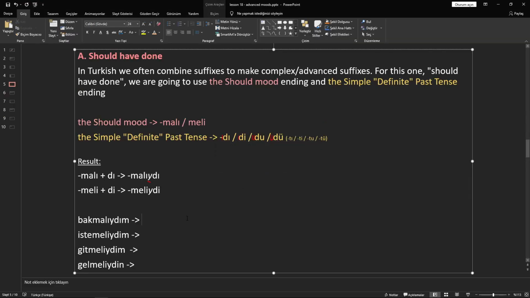I'm sure most of you already figured the meanings of these four verbs, but I will still ask, what do you think bakmalıydım means? What is the difference between saying baktım and bakmalıyım? Maybe I can also break them into smaller parts like this. Bakmalıyım plus baktım becomes bakmalıydım.